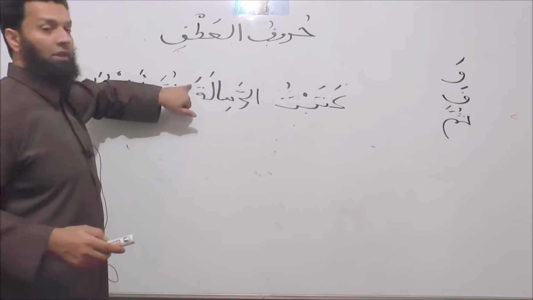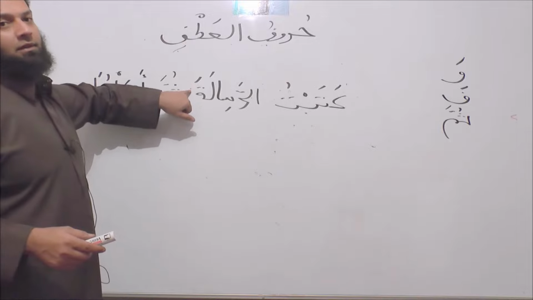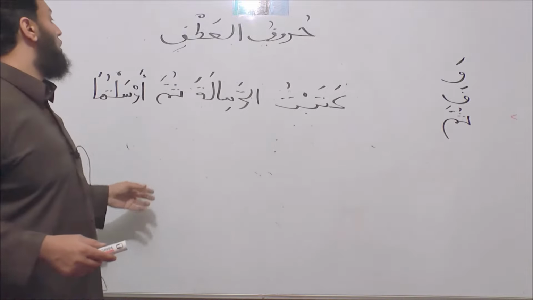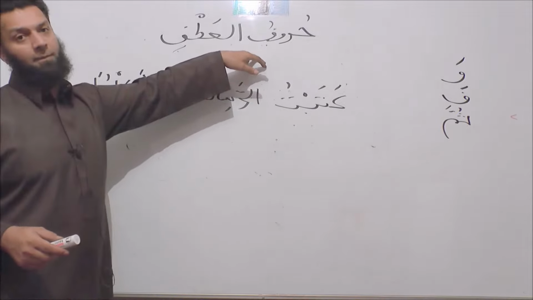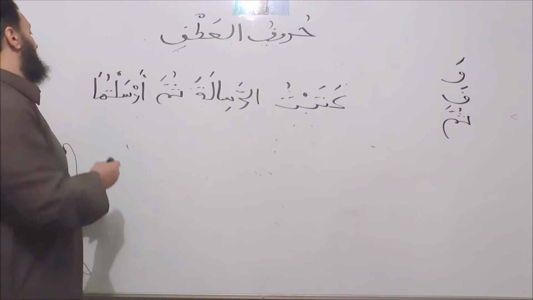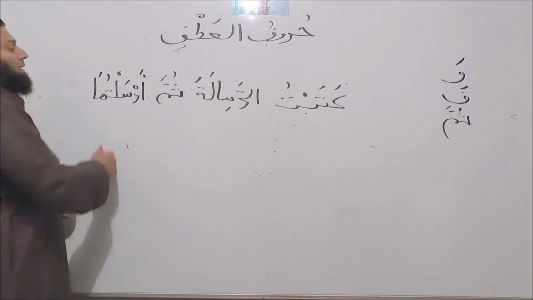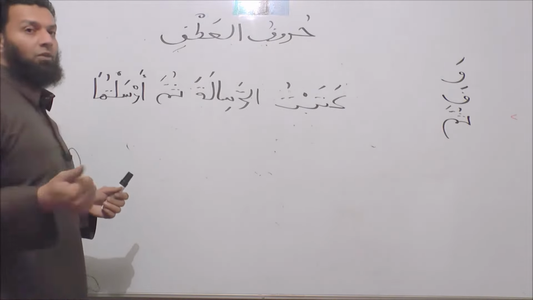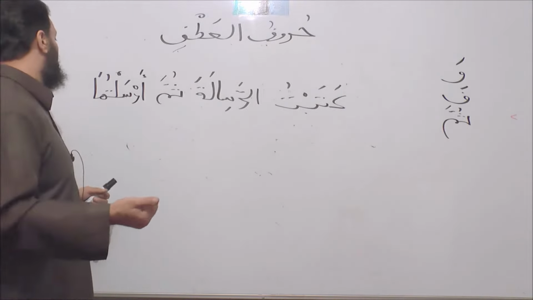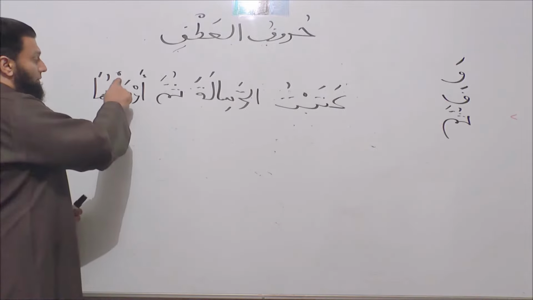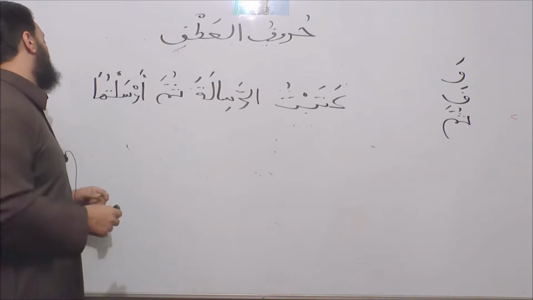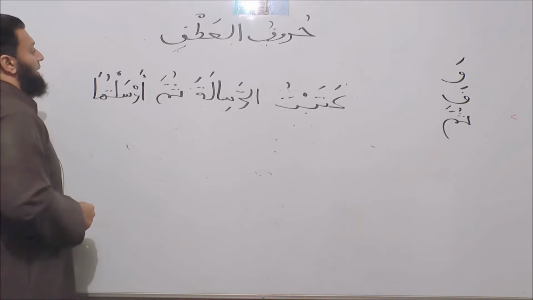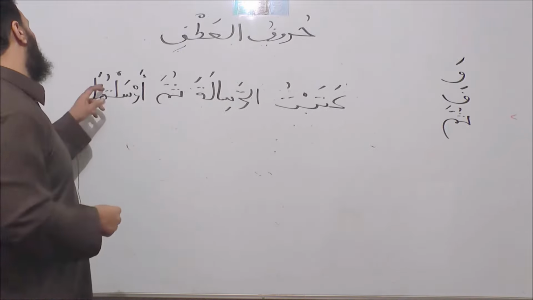The fatha upon the end, ya Muhammad. Yeah, that is how I said. Right? Thumma is min حروف العطف. أرسلت. أرسلت is فعل ماض مبني على السكون. Right? The ta is ضمير مبني على الضمة.